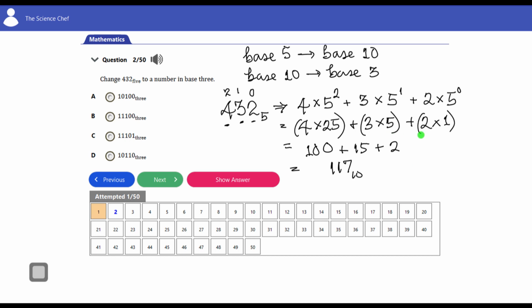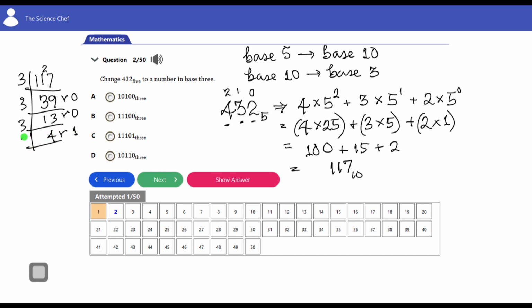So to do that, you can come here, 117 base 10. To convert to base 3, we are going to divide through by 3 as if we are trying to determine the LCM. So 3 into 11, that's 3, carry 2 into 27, that will be 9, right? 3 into 39, remainder 0. 13 here, remainder 0. 3 into 13 is 4, that's 12, remainder 1.